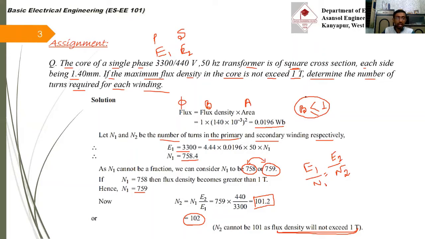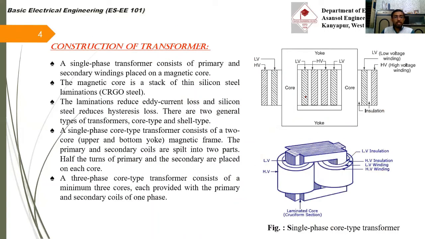Okay. Now let's go to today's topic. First is the construction of the transformer. A single phase transformer consists of primary and secondary winding placed in a magnetic core. Here you can see this is the magnetic core, and the outside is called the yoke.